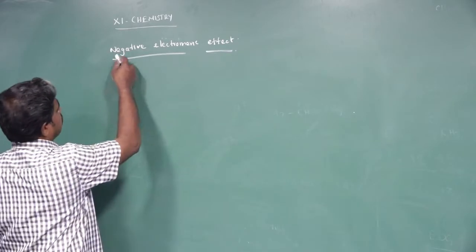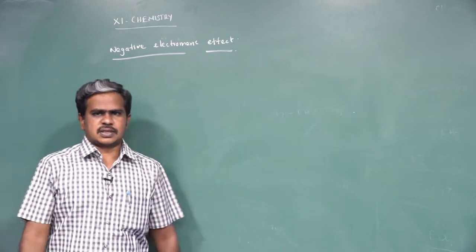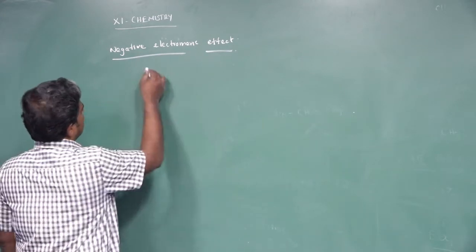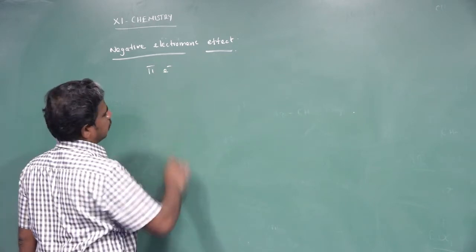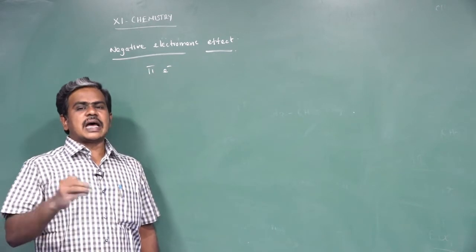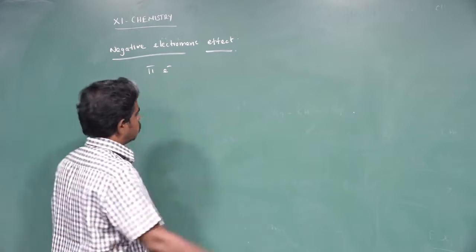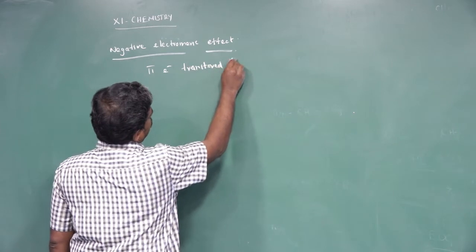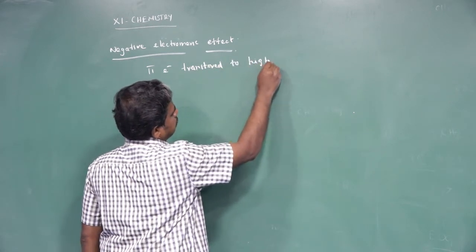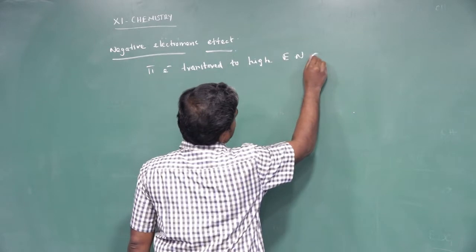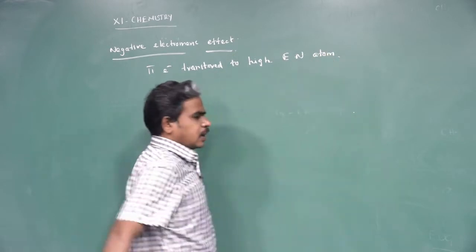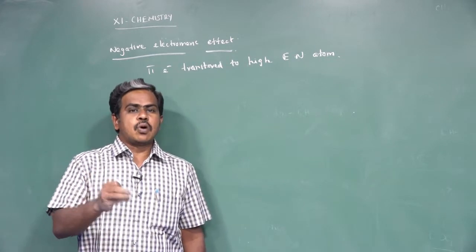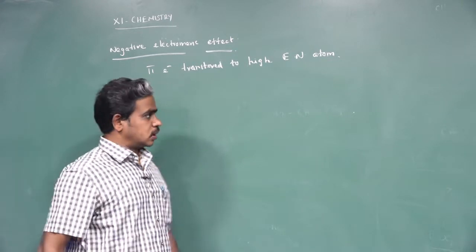Now the second one, it is negative electromeric effect. What is it? The negative electromeric effect. Here the pi electron is transferred to the highest electronegative atom, and the reagent is attached opposite to the electron transfer.